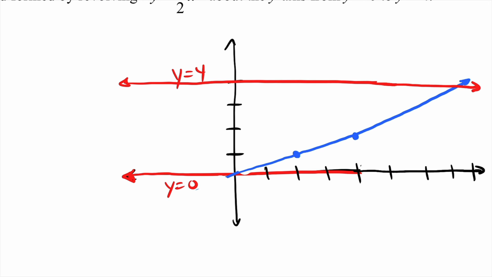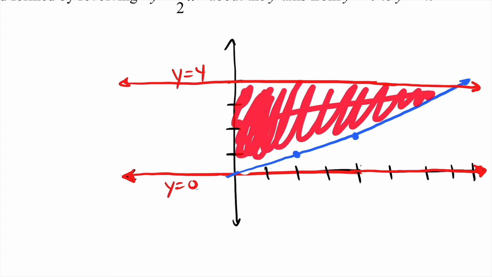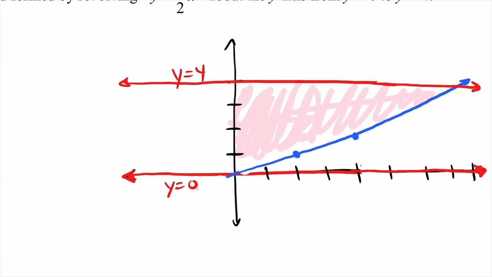I see that a lot of students just stop drawing it, and I'm like, where's your bounded region? It's got to have a bounded region, right? So the bounded area here is this part here. Can't get out, can't get out, can't get out. It's bounded, right? That's my green area. They labeled it green before, so I'll label it green as well.